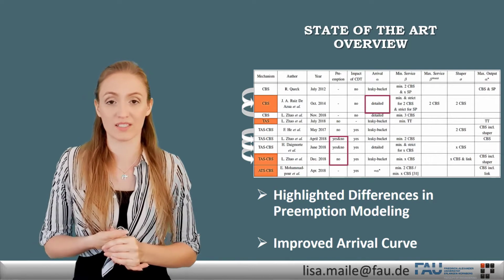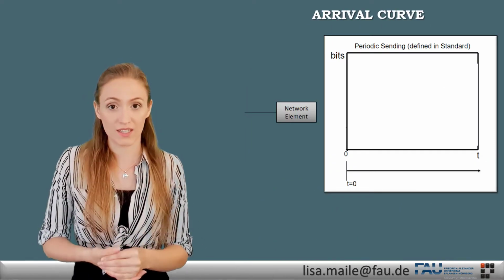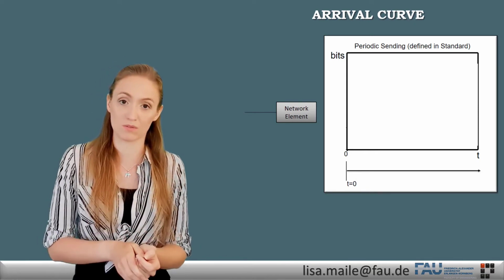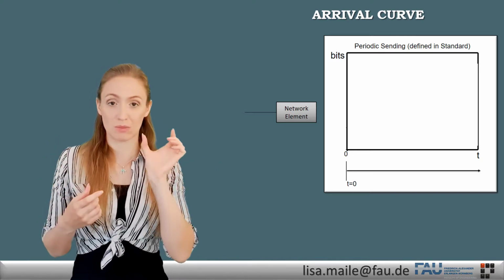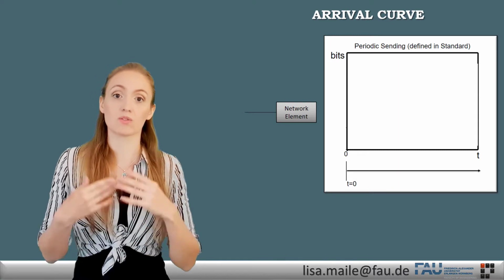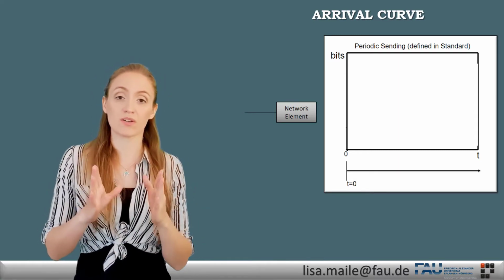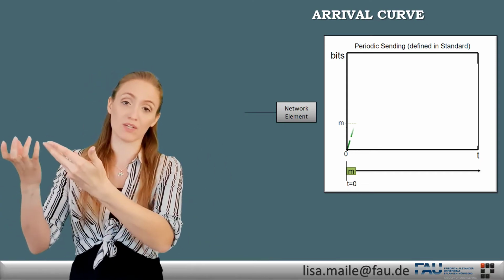So, for the arrival curve, the TSN standard defines a strict behavior. For example, if the flow sends periodically, then we have a maximum interval in which we can send at maximum n bits. So to get the arrival curve, we will assume that the packets are all sent as early as possible, since we need a maximum arrival curve, right?